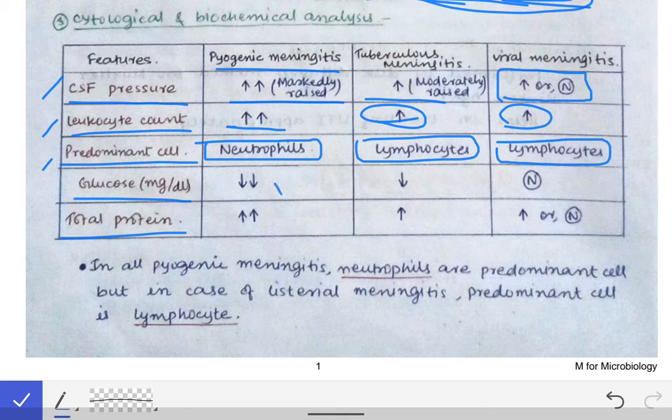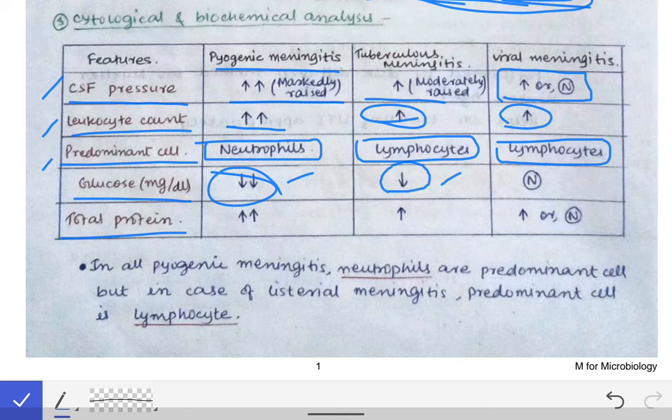Now glucose is falling. Why is glucose falling? Because bacteria are utilizing the glucose present in the CSF. So that's why glucose is very much falling in case of pyogenic meningitis. And tubercular bacteria also utilize that glucose, so in that case also the glucose level falls.